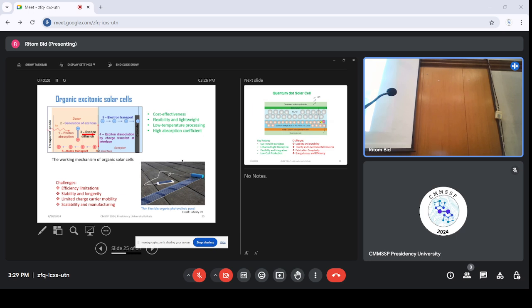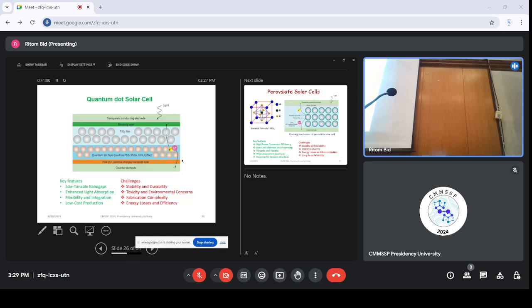In this organic layer, the excitons can diffuse to some extent, and when they diffuse to the interface of donor and acceptor, due to the inbuilt electric field, they get dissociated. The hole is transported to the transparent anode, and the electron gets transported to the cathode, and we can get the current. So again, the efficiency is limited, and stability is an issue here. Organic materials are being used, and this is an organic solar panel you are seeing here.